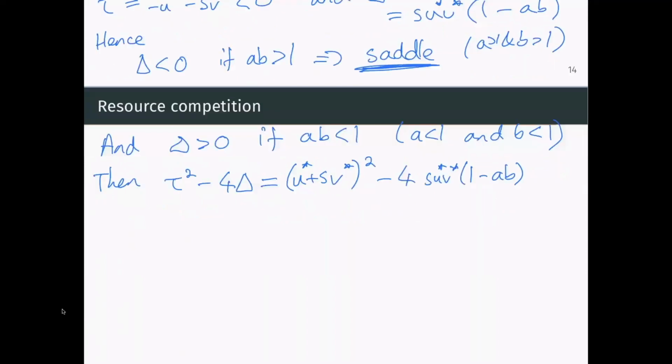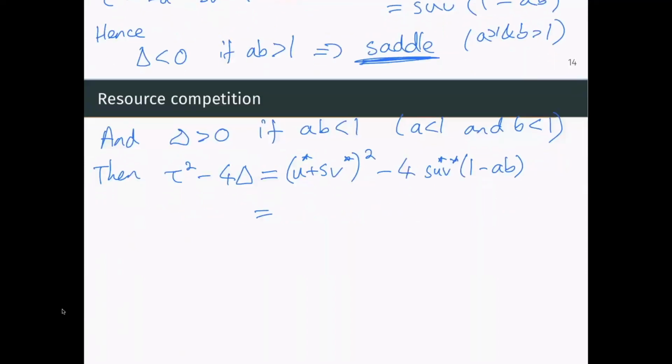Okay, so let's expand this out. If we expand this bracket, we're going to have U squared plus 2USV and S squared V squared. We still have this term on the end, 4SUV. In fact, I'll take out the AB as well. So I've just expanded both of these brackets here.